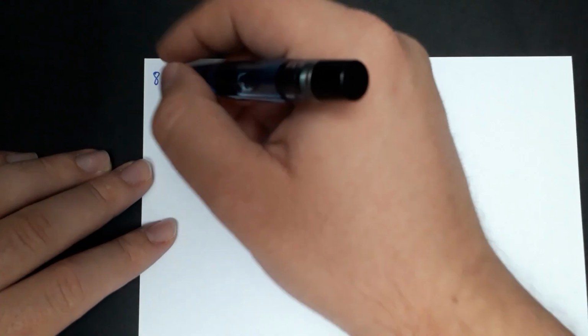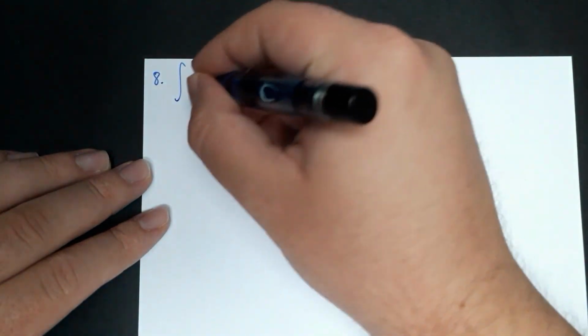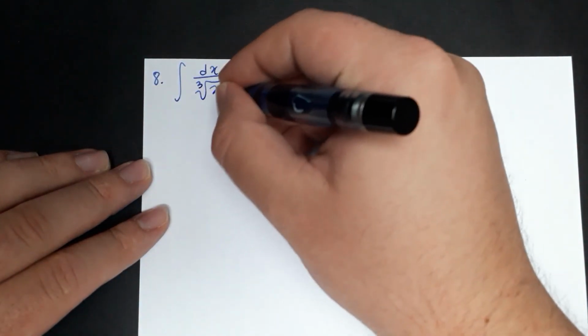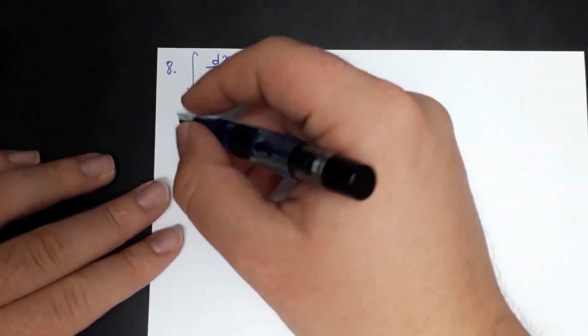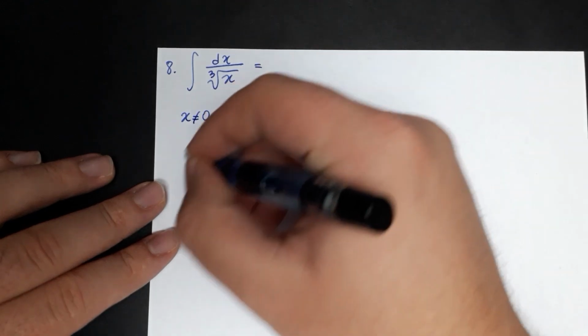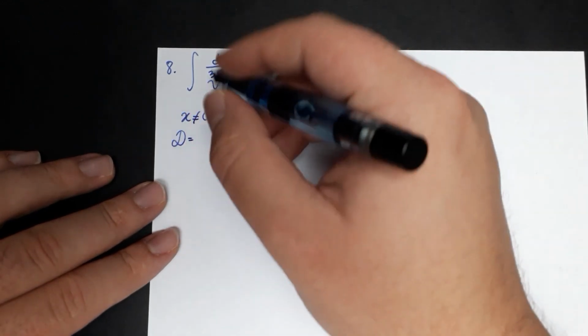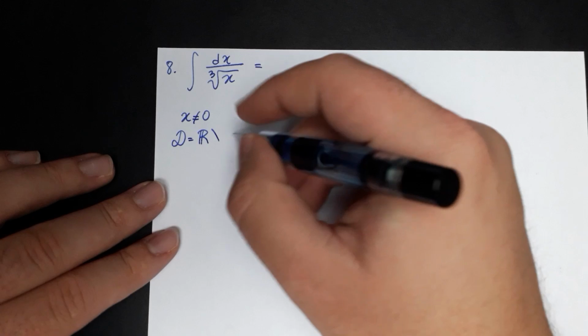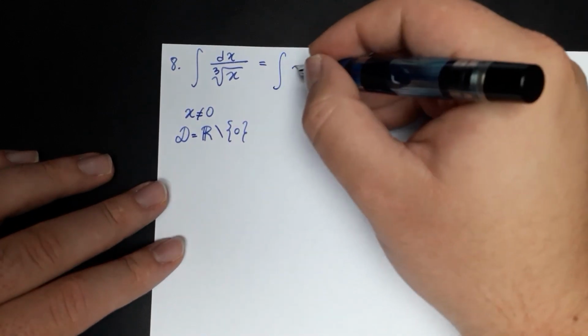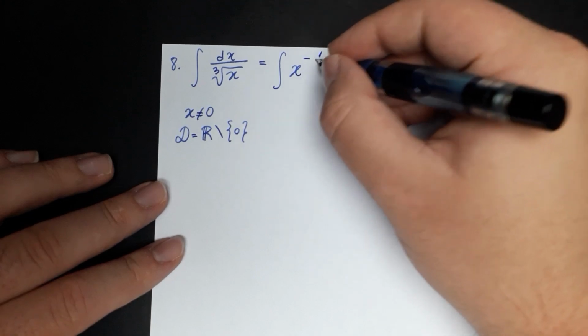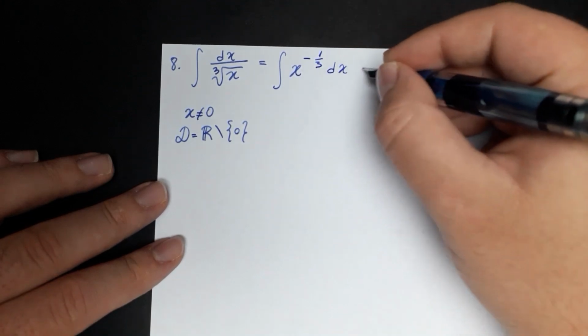Problem number 8 is the integral of dx divided by the cubic root of x. Since we are dividing by the cubic root of x, x has to be different than 0, so the area in which this integral is defined is the set of all real numbers except 0. This is then equal to the integral of x to the power of negative 1/3 dx.